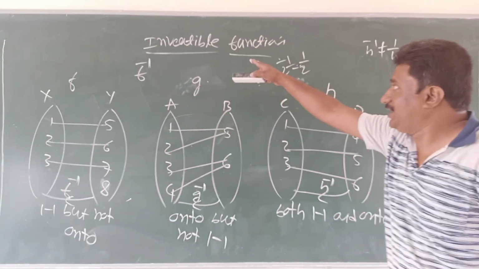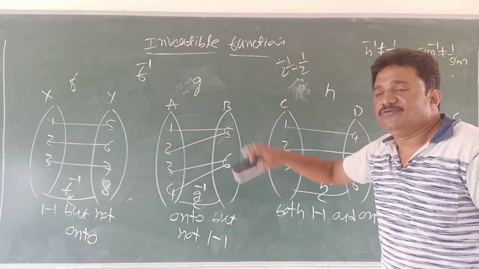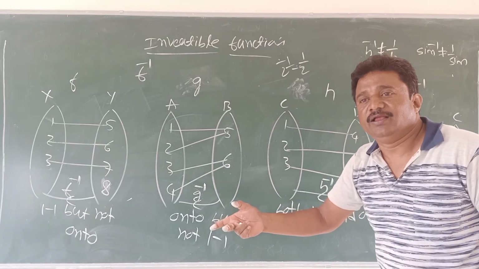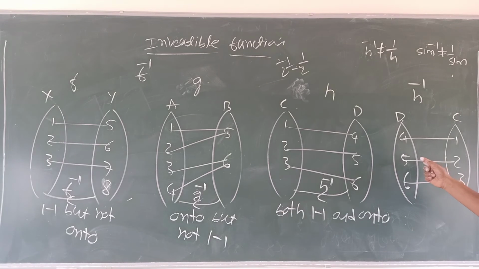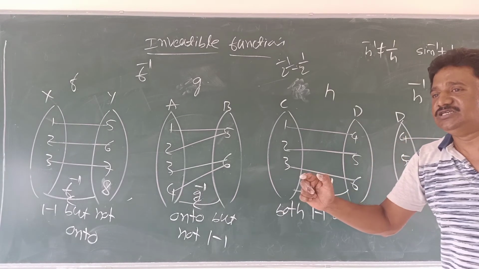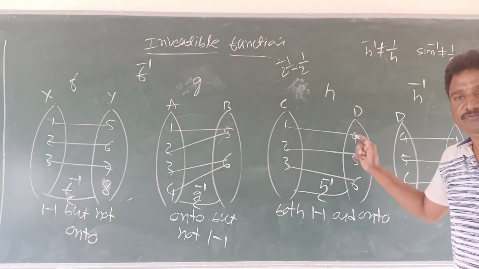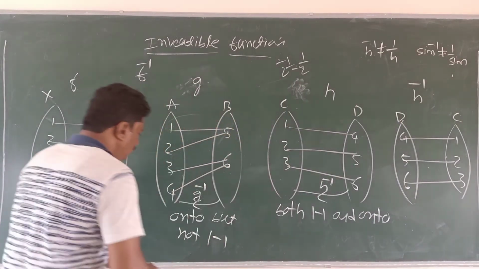Invertible means reversible. A function can be invertible, reversible, or have an inverse only if it is both one-one and onto.